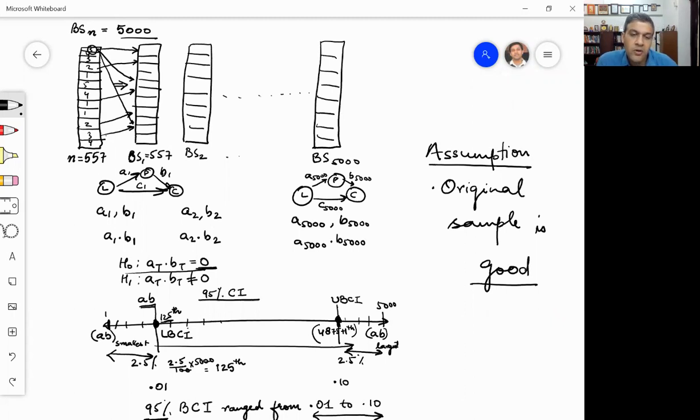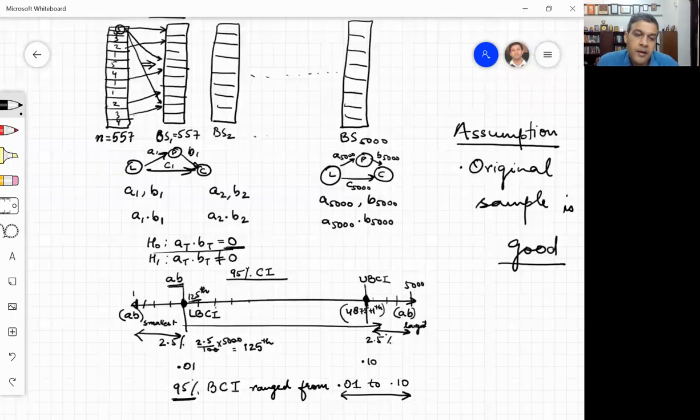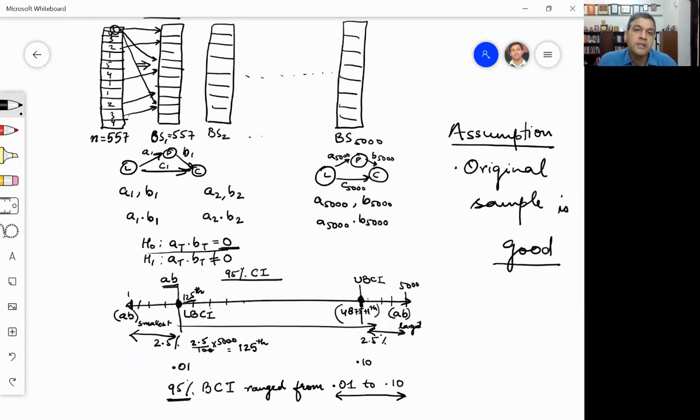So you need to keep in mind that your original sample should be good. After that, this can be used to test your coefficients also.